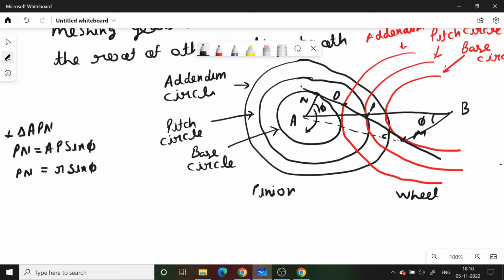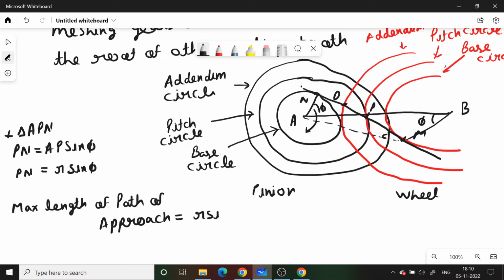So here the maximum length of path of approach will be equal to PN, which is r sine phi.